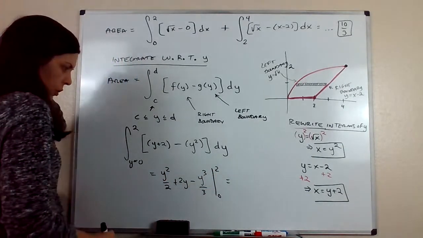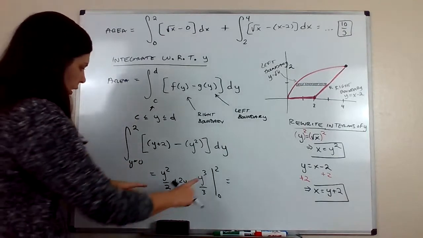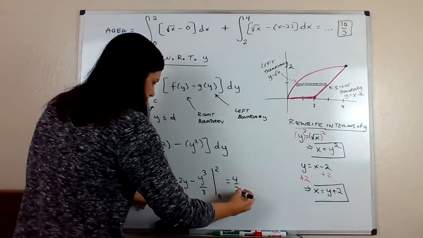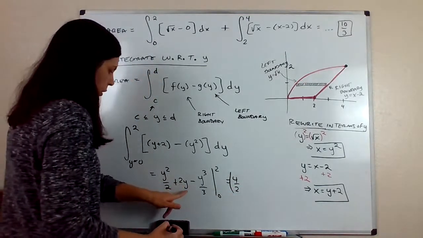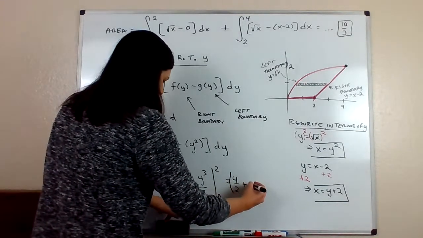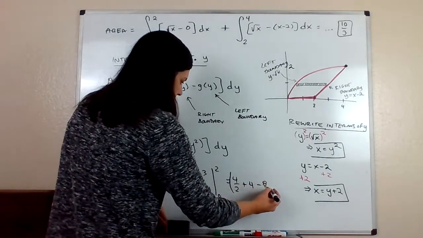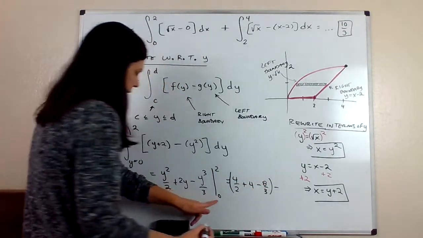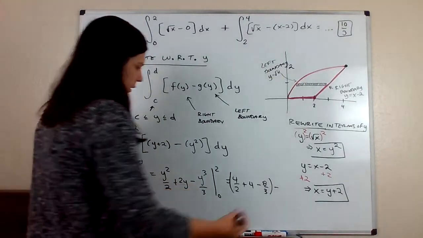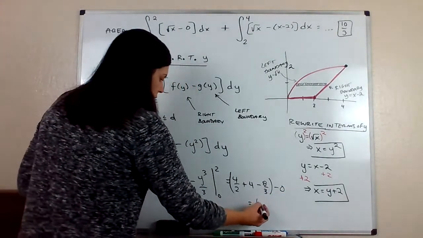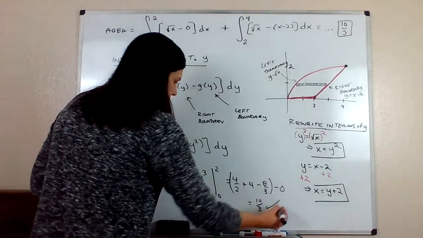If I plug in 2, we'll just do it real quick by talking. 2 squared is 4, so 4 over 2. And then 2 times 2 is 4. And then 2 cubed is 8, so 8 over 3. And if we plug in 0, this is going to be 0 plus 0 minus 0. And that would give us 10/3 if you find a common denominator.